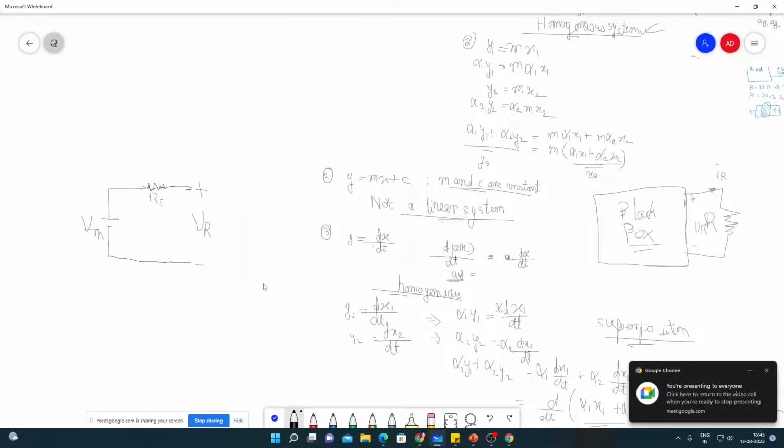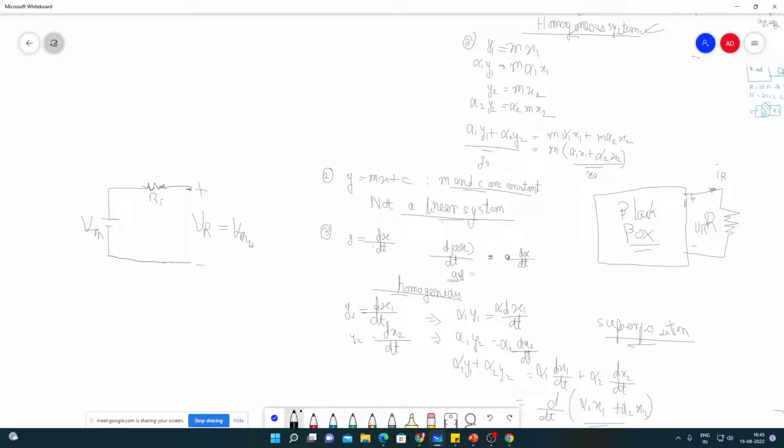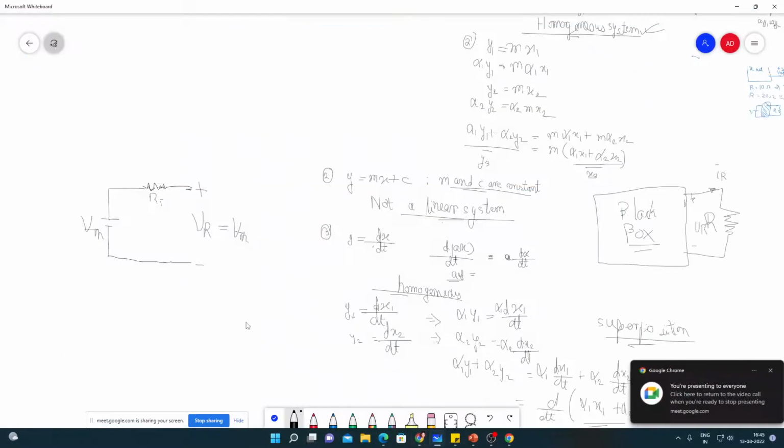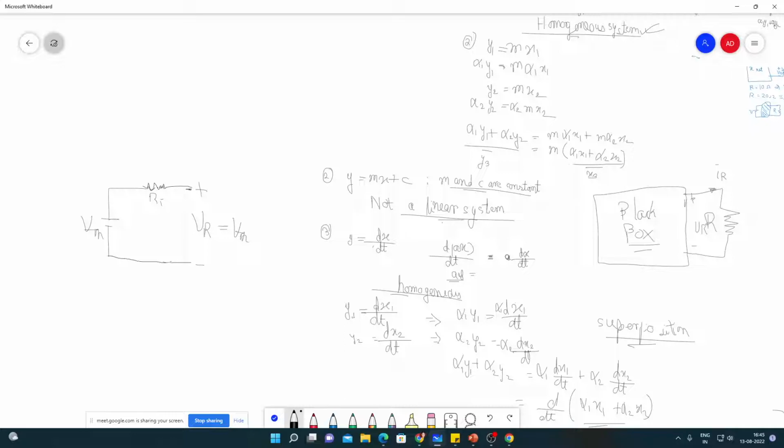Okay, so it will be equal to the Thevenin voltage only, right? Because no current is flowing, this potential will appear across these terminals. Any doubt?